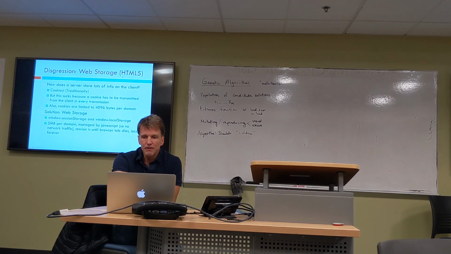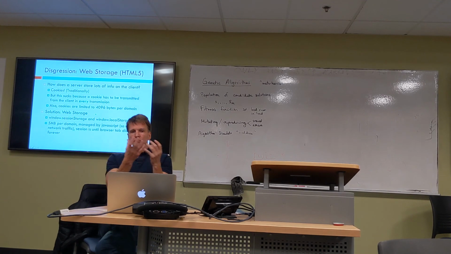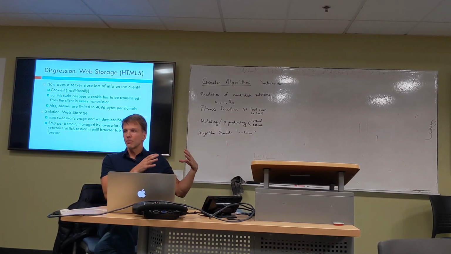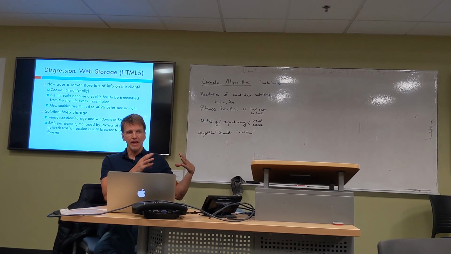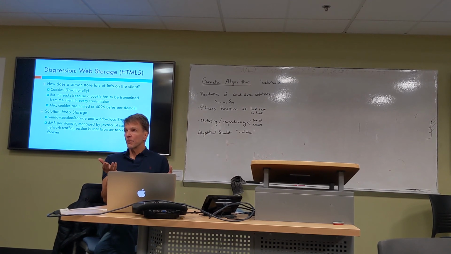So in HTML5, there's actually a different kind of storage called web storage. There's session storage, and there's local storage. This provides a way for JavaScript, which is running on your browser, to store stuff within your browser's memory, up to 5 megabytes per domain. And there's no network traffic. With cookies there's network traffic, right?